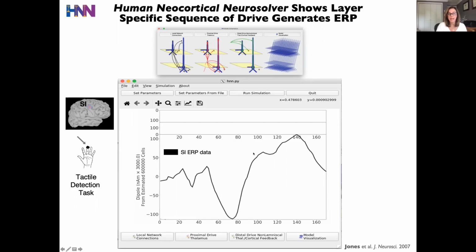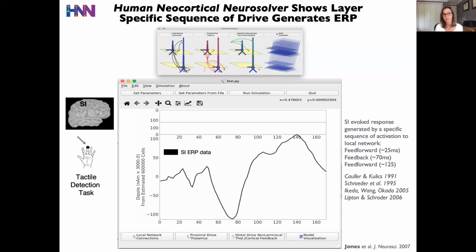Now, HNN won't automatically tell you how to generate an evoked potential. Instead, we think of HNN as a hypothesis development and testing tool. And so the first thing we did is we went to the literature and we said, what do we know about how sensory evoked potentials are generated? And it turns out there's a long history of literature looking at the origin of evoked related potentials, particularly in somatosensory cortex.